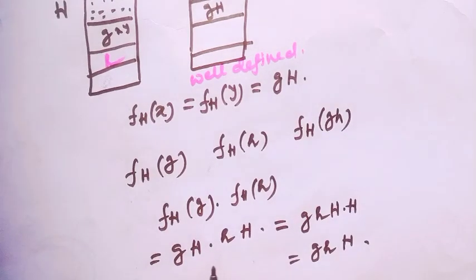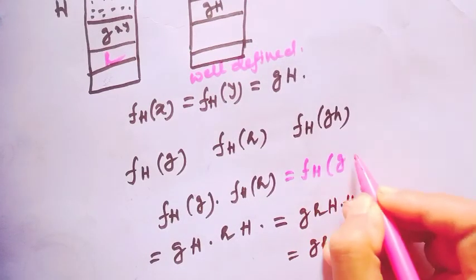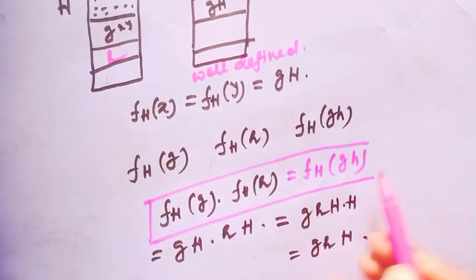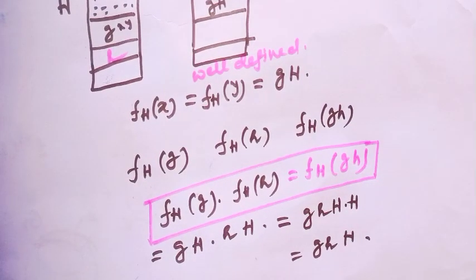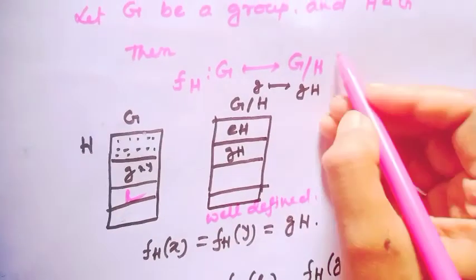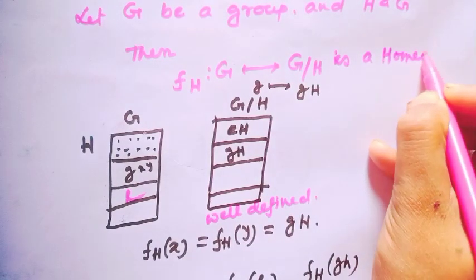Therefore, our proof is done. f(g) times f(h) is similar to f(gh). So this is an example of a homomorphism. Are you getting this? This is a structure preserving map. So we can say this map is a homomorphism.